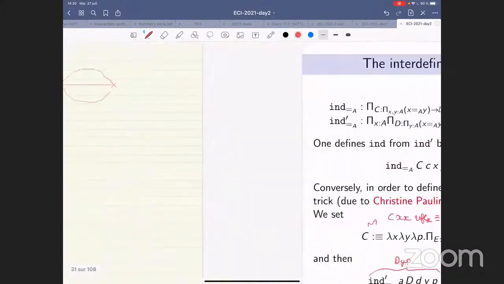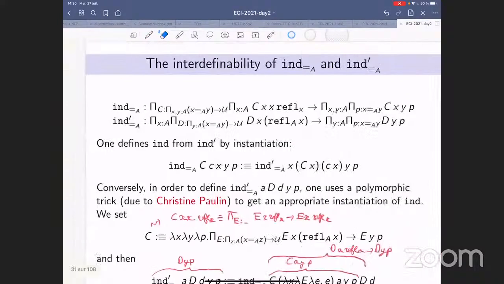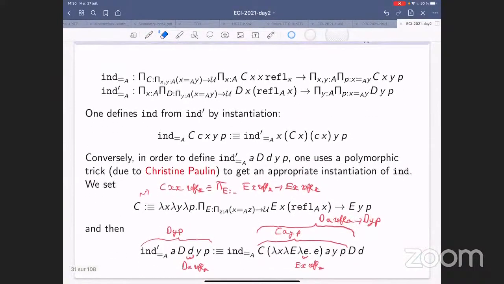So now what I can do is give you the first really technical slide in the series of lectures. It happens that the proof that these two induction principles are derivable from each other is highly non-trivial.